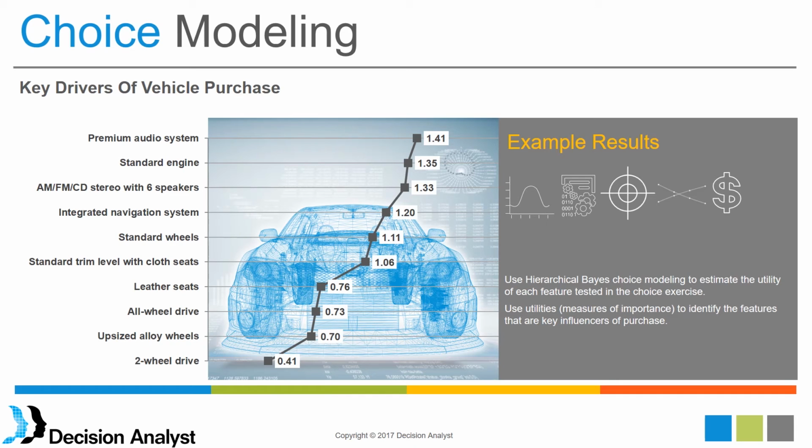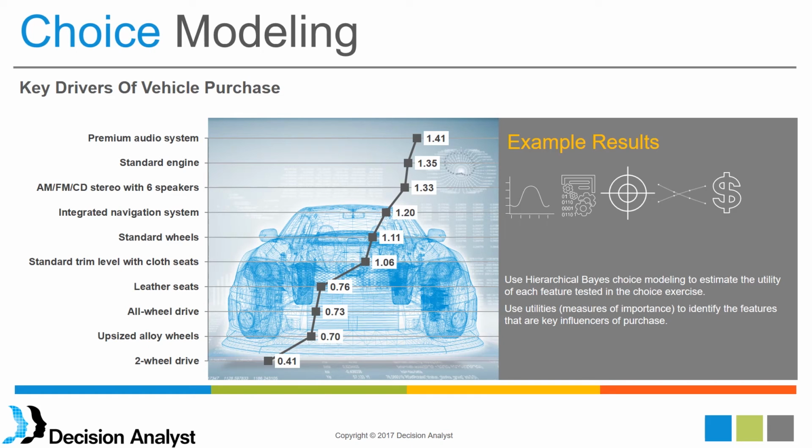So choice modeling, hierarchical Bayes estimation, yields utilities which can be thought of as beta weights or measures of importance. Sometimes they're also called measures of preference. Again, what's nice about these techniques is they may be relatively complex on the inside, but the output or the results can be very easily digested.